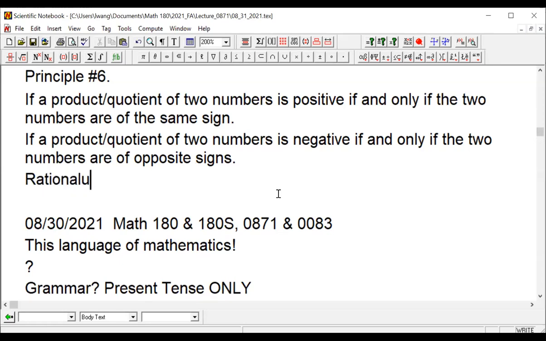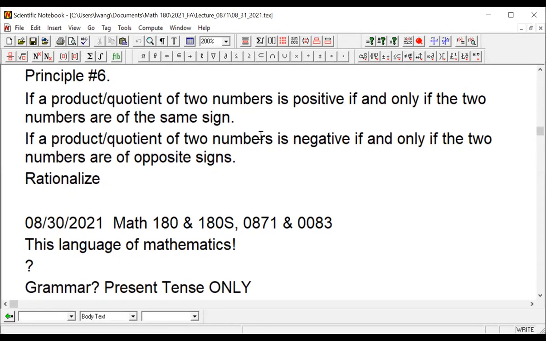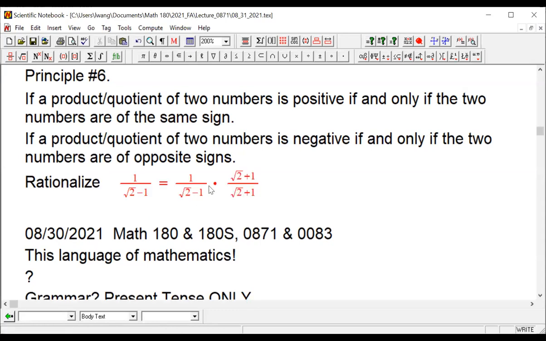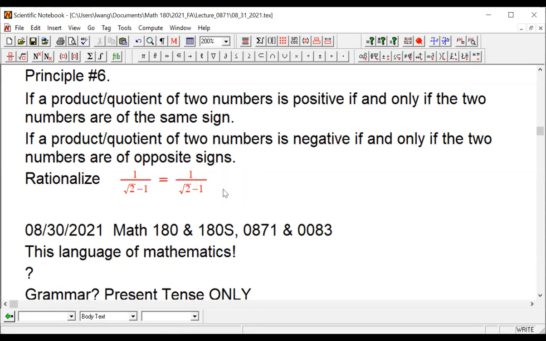Rationalize this guy. We are almost 40 minutes into the lecture. It's time for us to do something, right?